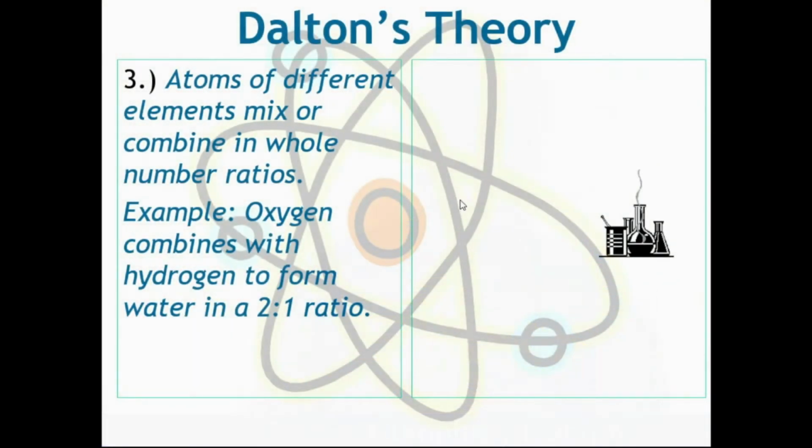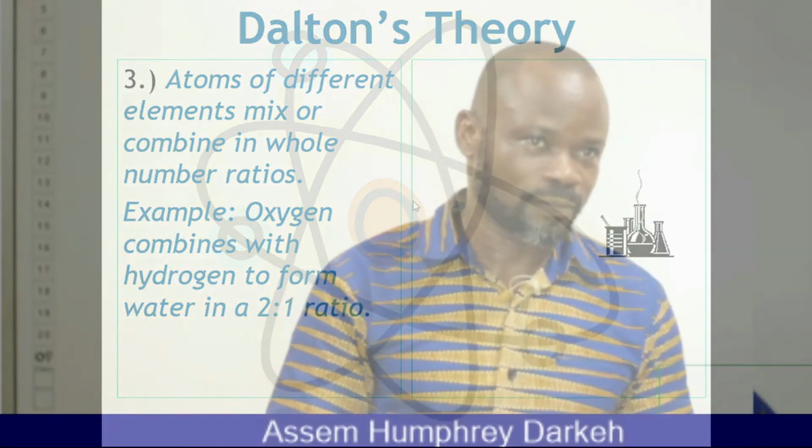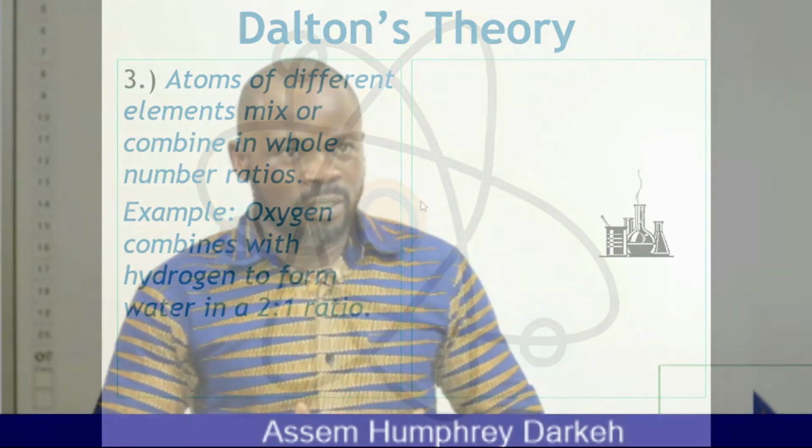Let's go to postulate number 3. Dalton also says that atoms of different elements combine in whole number ratios. For example, oxygen combines with hydrogen to form water in a ratio of 2:1.